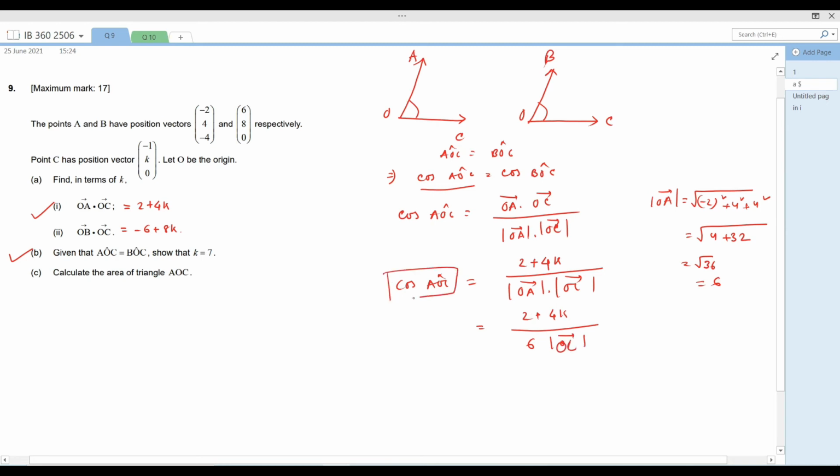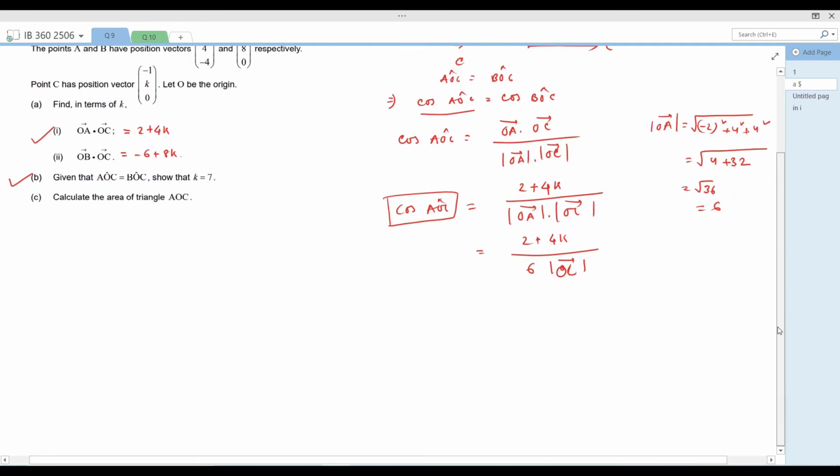Now we will find the value of cos BOC. It is OB dot OC divided by mod of OB times mod of OC.